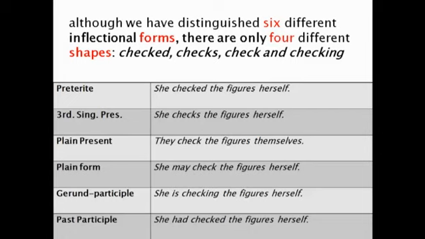The shape is more related to the spelling of the verb. For example, checked can be either the preterite, she checked the figures herself, or the past participle, she had checked the figures herself. And these verbs are certainly in the same shape, but they are different forms.